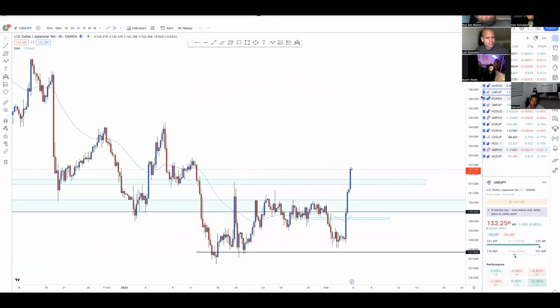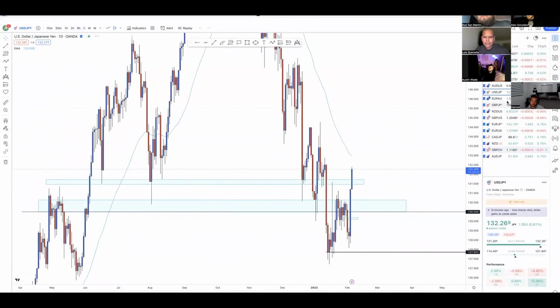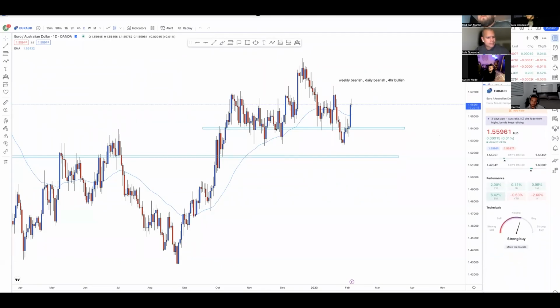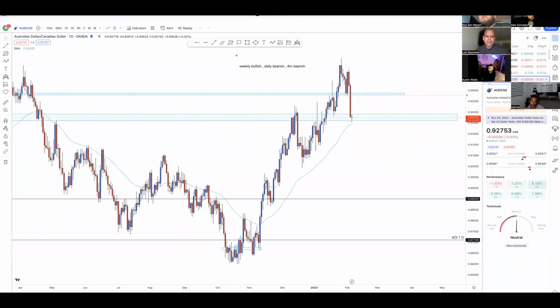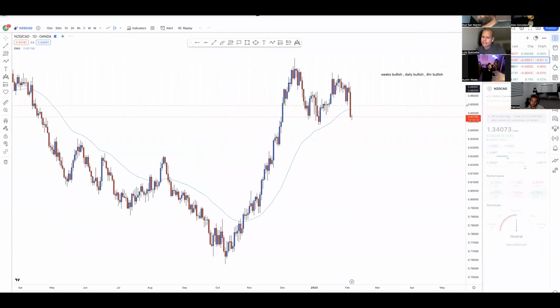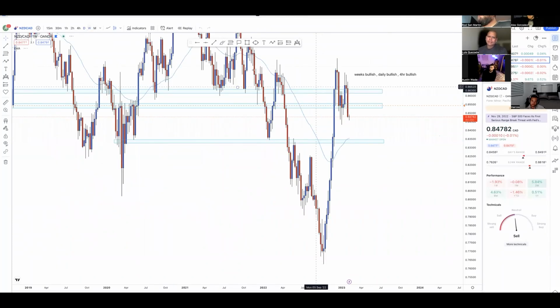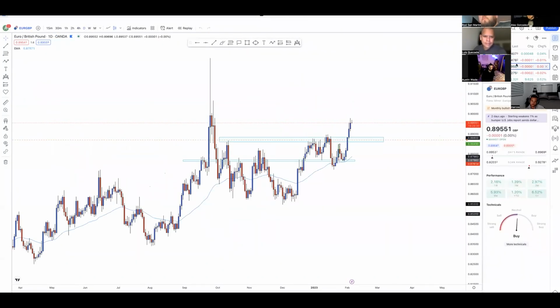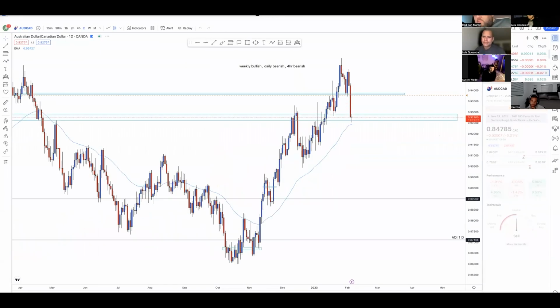And then all of these other pairs, I said I'm not interested in. All right, so what we got for this week, if I were to organize them from top to bottom, gold goes at the bottom because I'm just not interested. This goes first. This would go second. This would go third, and this will go fourth.